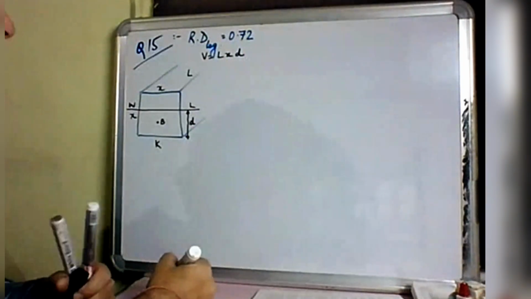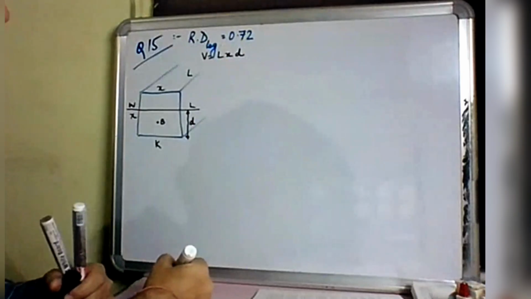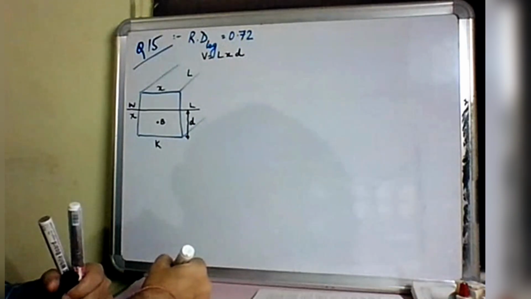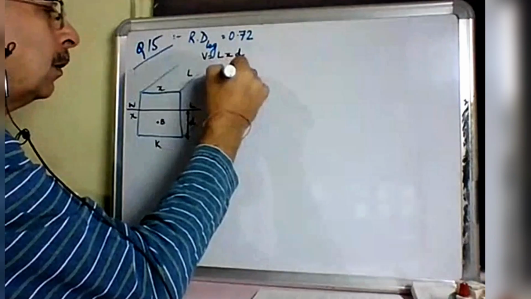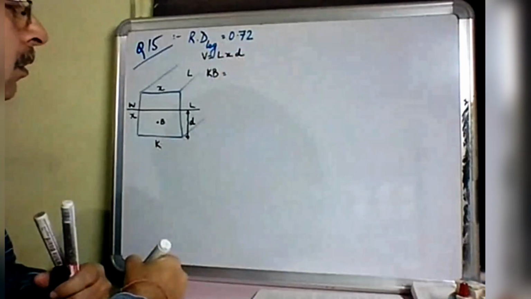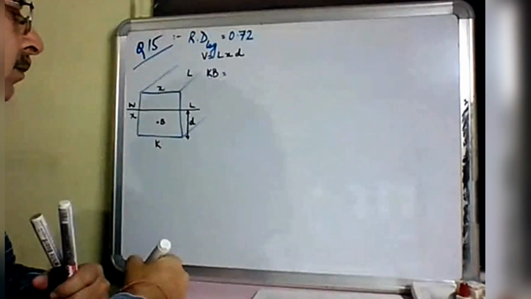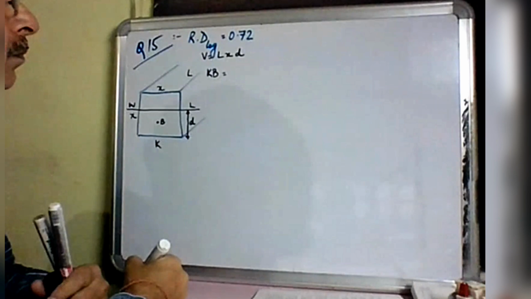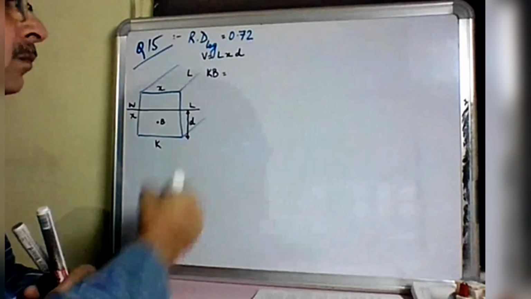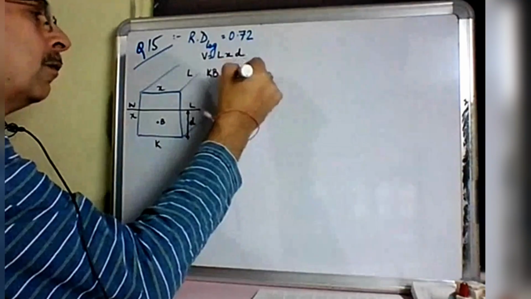This will be the underwater volume of the log. KB of the log will be how much? d by 2. d by 2.